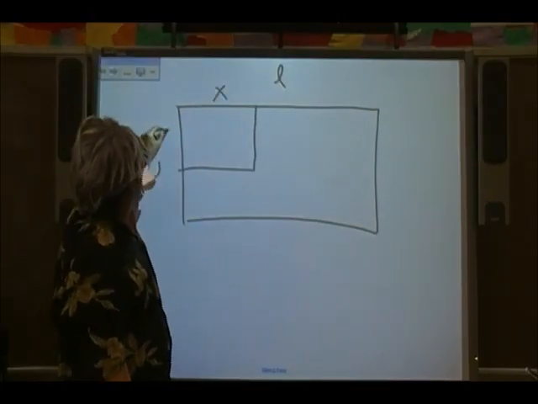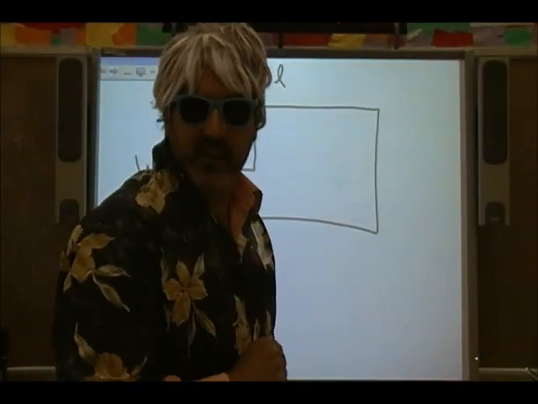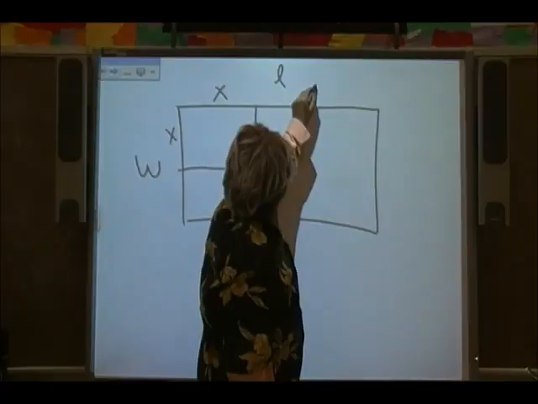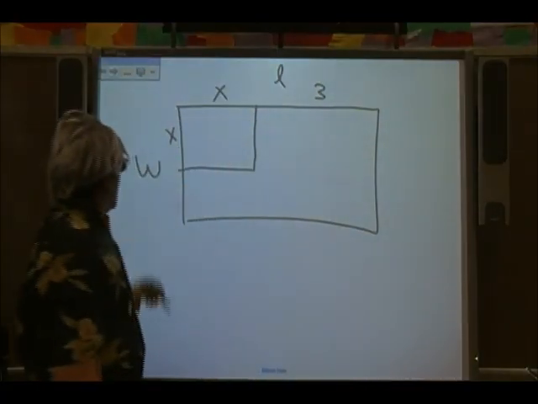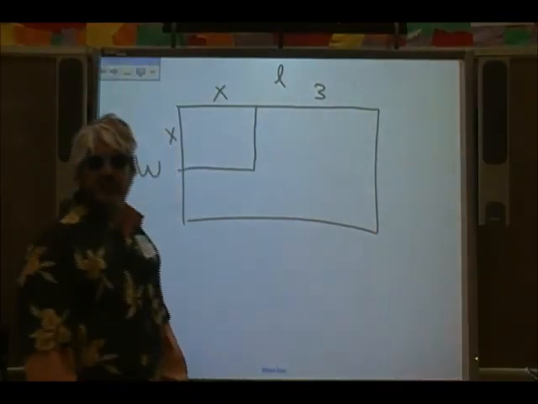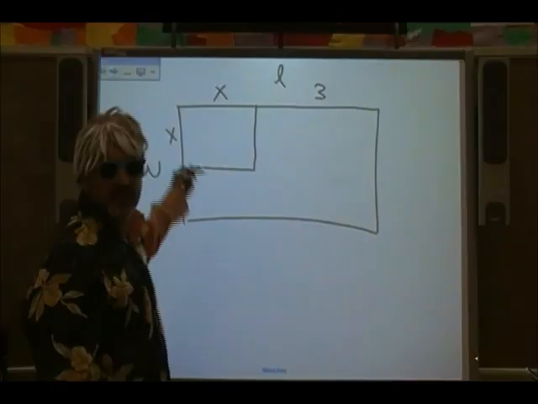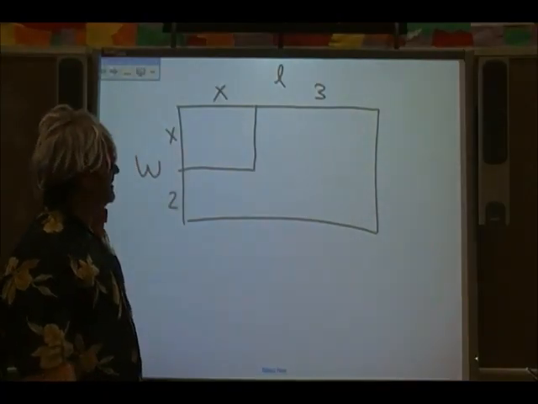I'll call this x and x. Now remember, I want the whole length to be x plus 3. That means this is a 3 right here. So this distance for this whole thing is x plus 3. And the other binomial I was going to multiply is x plus 2. That makes this a 2.